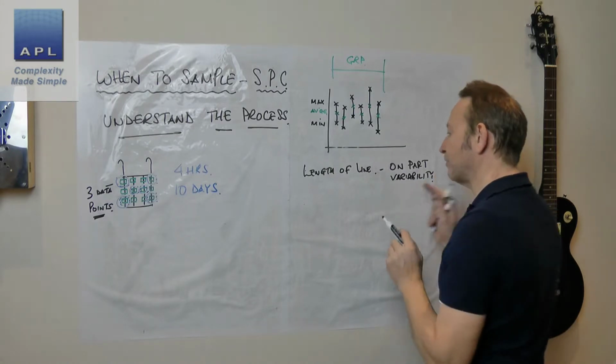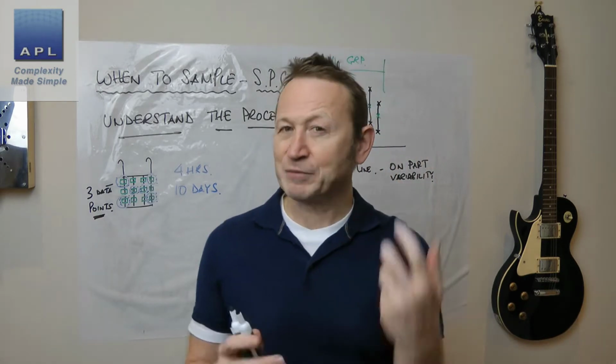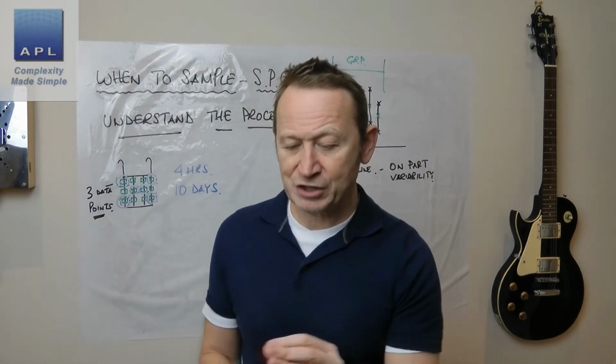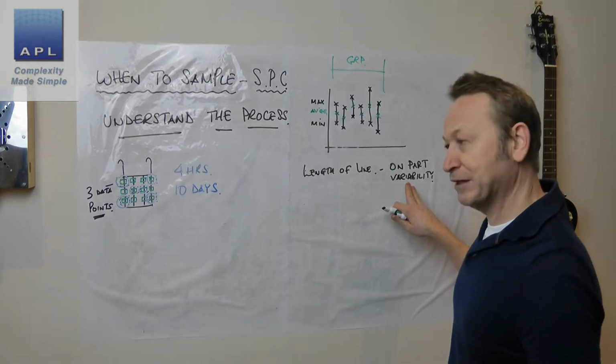Now, it is possible that this is variability I can't do anything about because of the design and the shape of the part. That may not be the case, but I want to know what sort of on-part variability I have got.